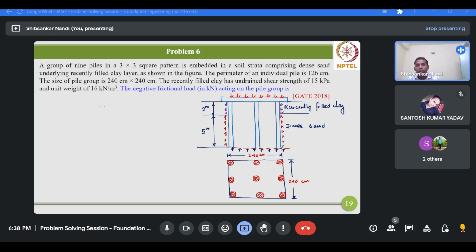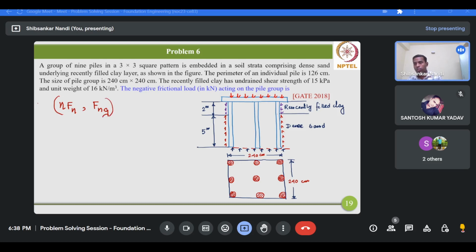Okay, to calculate the negative friction, you have to consider both the block scenario and the individual scenario, that is Fn and Fng, and you have to take the minimum of these two. Oh sorry, maximum of these two.